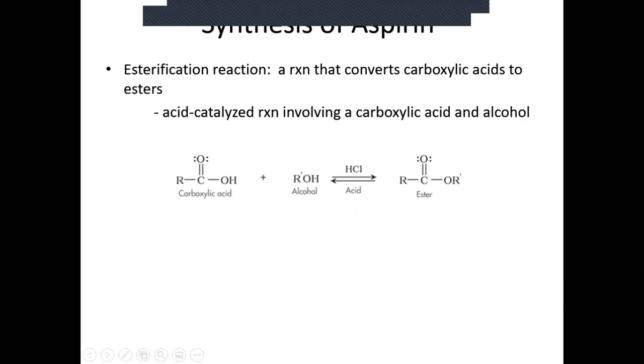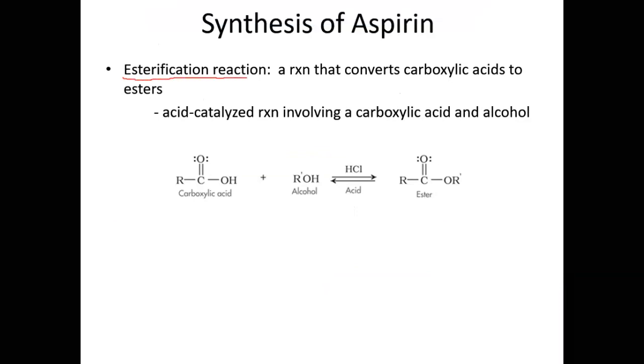So the reaction that we would have done to produce acetylsalicylic acid is called an esterification reaction. What we do is we convert a carboxylic acid into an ester. So again, a carboxylic acid has a C double bond OOH group. We react it with an alcohol, and this is called an acid catalyzed reaction.